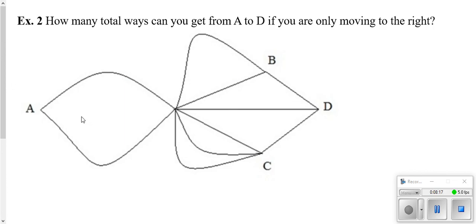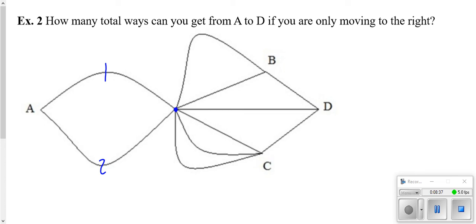In the next example, how many total ways can you get from A to D if you are only moving to the right? So you can't backtrack anywhere. From A to D, what do we have? Well, from A to this midpoint here before we split off, let's figure that out. I got 1, 2, and then we get to that midpoint there.